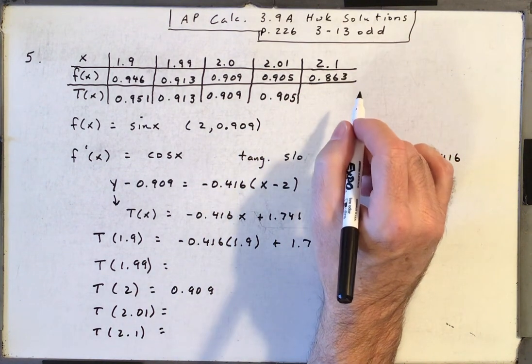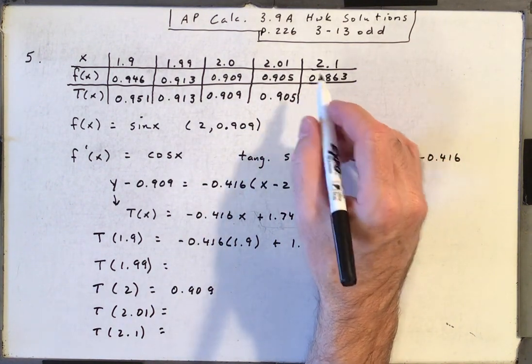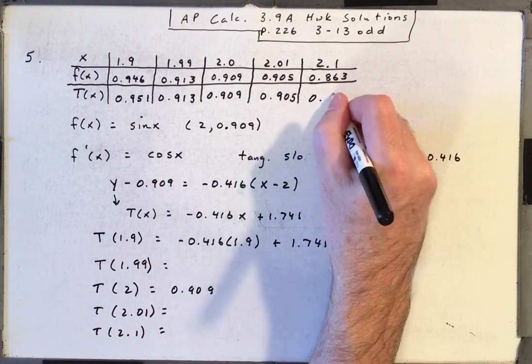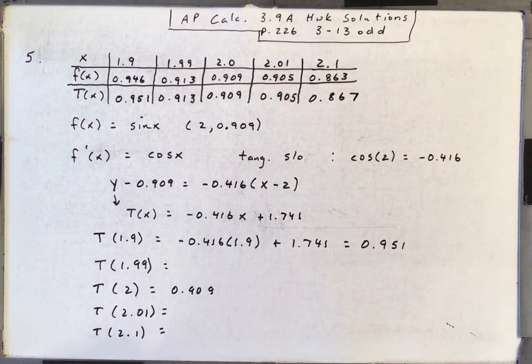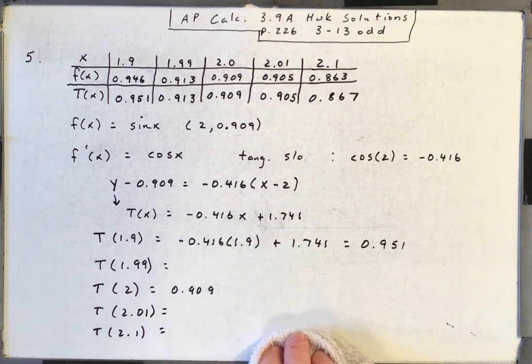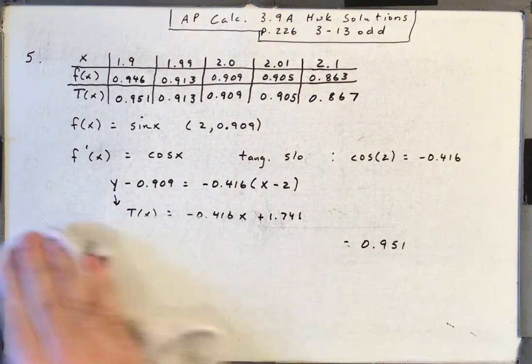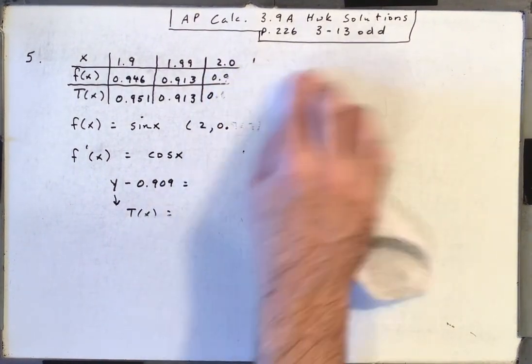And then for 2.1, you get some divergence. It is 0.867. When I've had students make mistakes on that, it's just because they didn't use radians, although I do think I told you in your lecture to make sure your calculator is in radians.